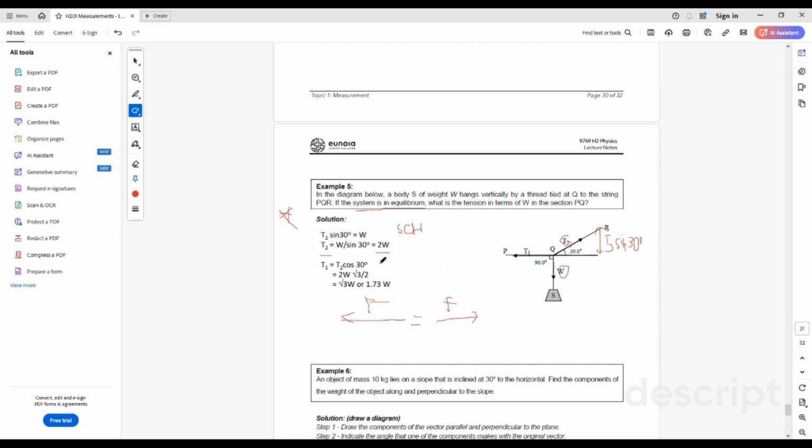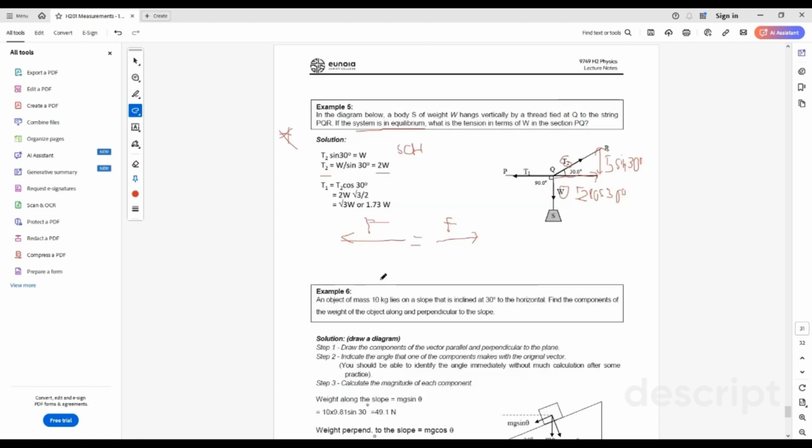And the only horizontal forces applied are from T1 and T2. So we calculate the horizontal force by T2 by doing this, and then we substitute again in order to get square root 3 W.